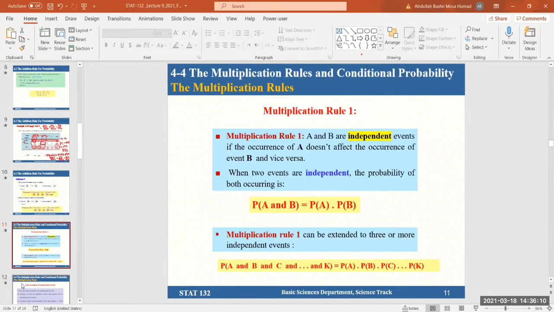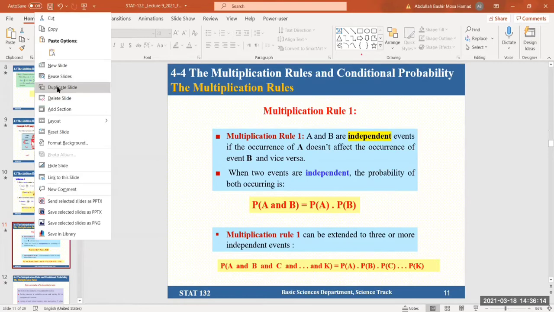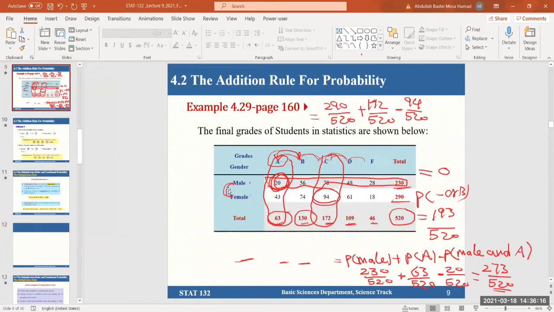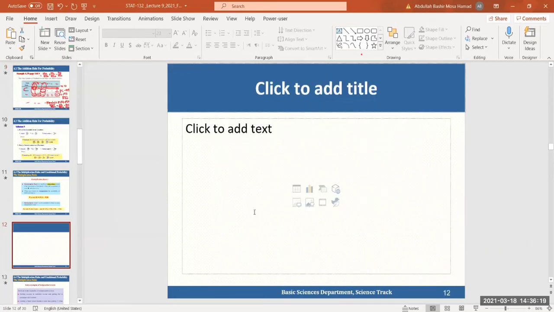Now, before this, maybe we can take another example. For example, if P of A equals 0.6, and P of A or B equals 0.9, okay?